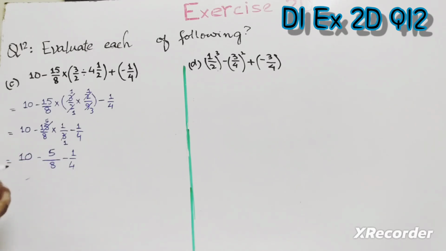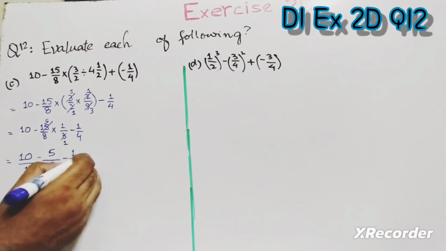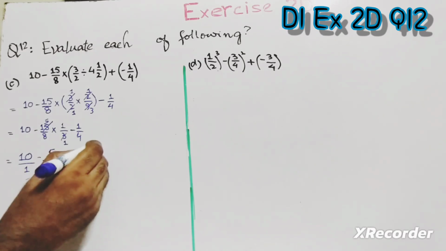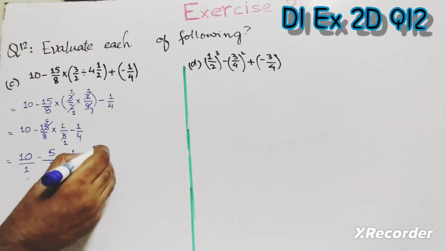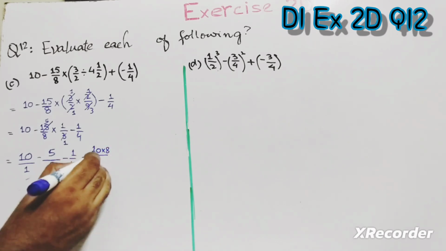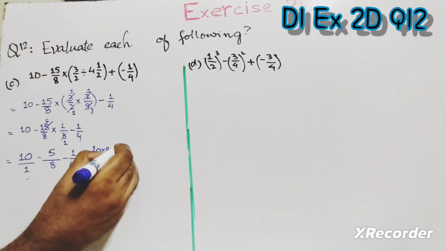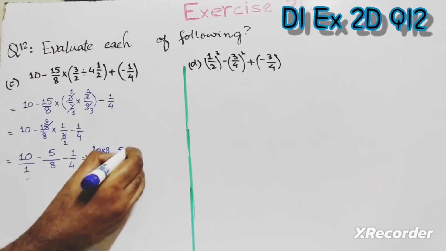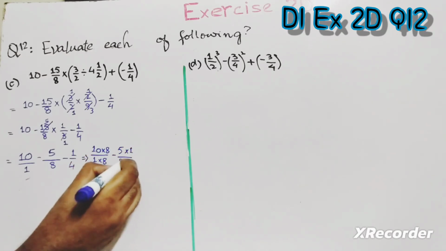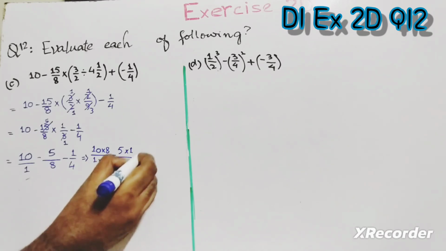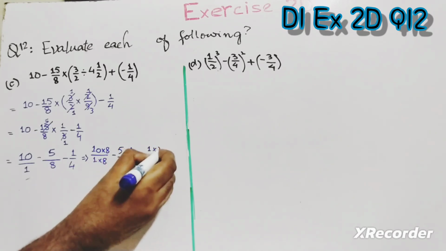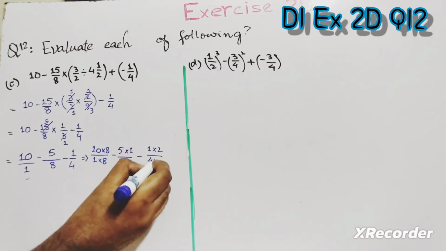So if we take the LCM of 1, 8 and 4, the LCM would be 8. So we can solve this like 10 multiplied by 8, 1 multiplied by 8, less 5 multiplied by 1, 8 multiplied by 1, minus 1 multiplied by 2, and 4 multiplied by 2.